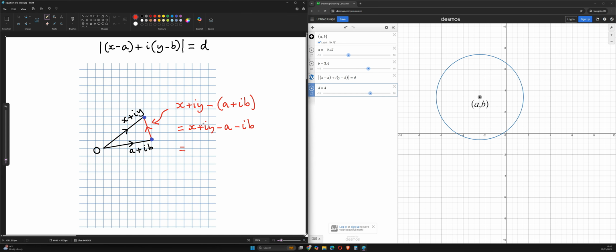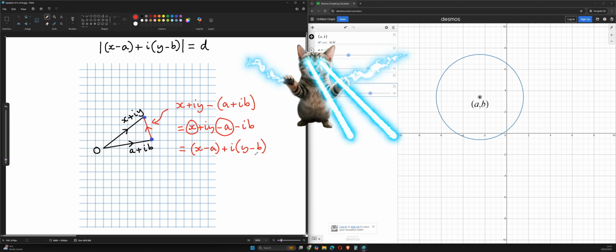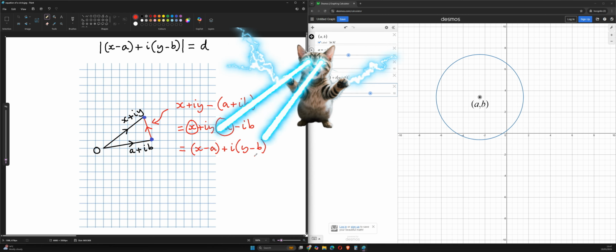Okay, let's gather up the real elements. That is x minus a. Okay, and what we have to do is multiply i by y minus b. And y minus b is going to be another real element.